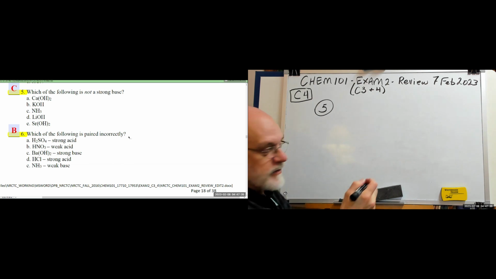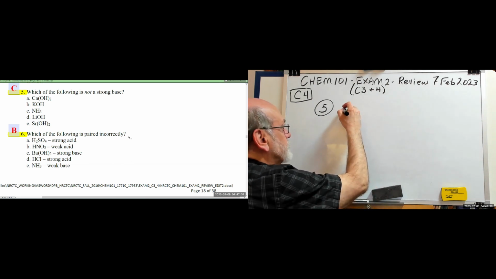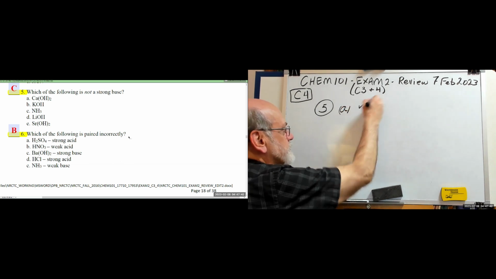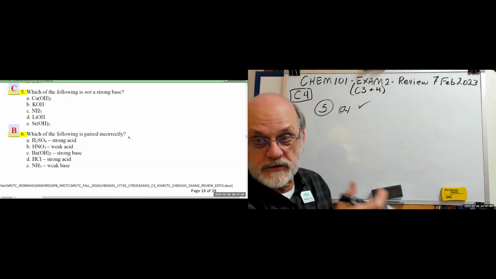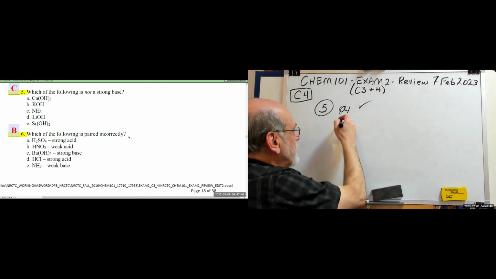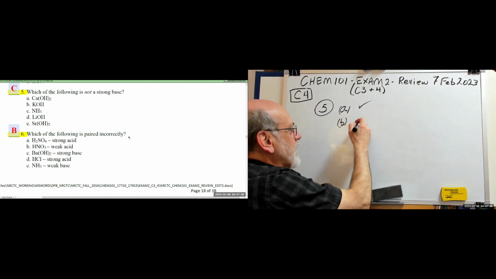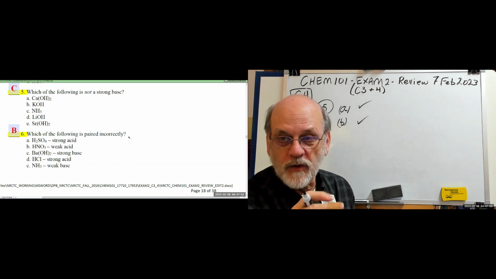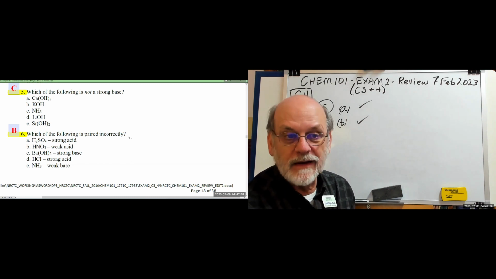So A is from an alkaline earth, right? Calcium hydroxide is, yes, that would be considered a strong base. KOH, yes, that's a strong base because it's formed from an alkali metal.